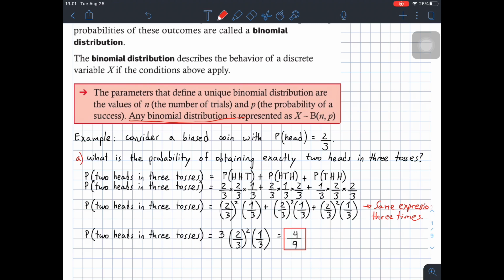So any binomial distribution is represented with this symbology. This means that the variable x can be modeled through a binomial distribution which has n trials and the probability of success is equal to P. That's how we read this symbology.